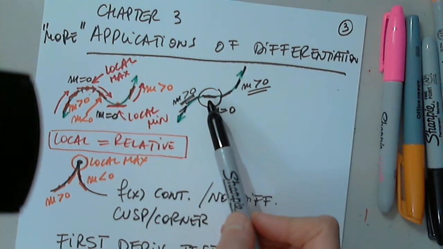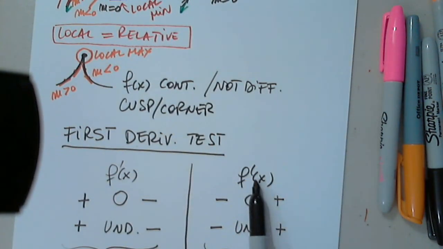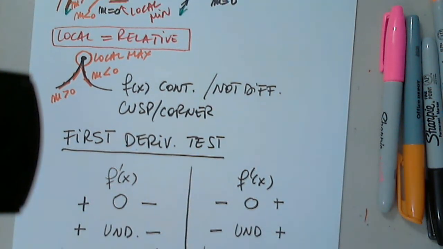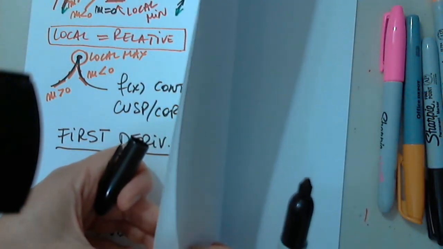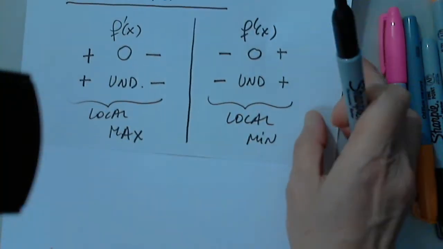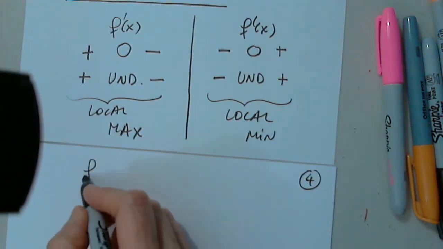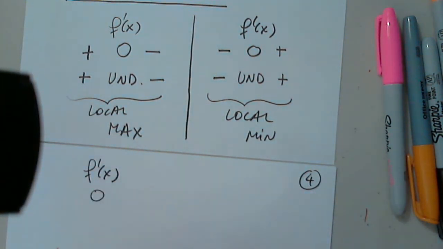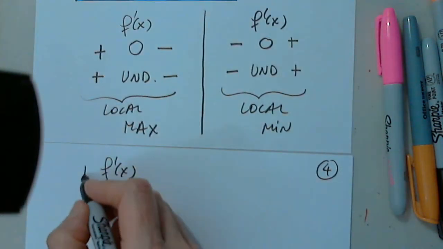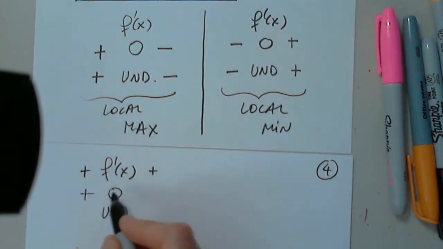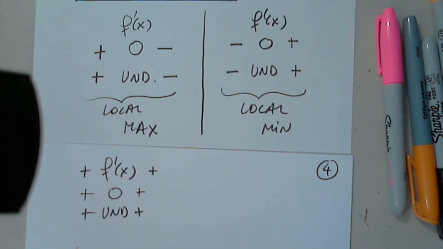None. No. And the reason is because the derivative does not change sign left and right of it. So let's also write that down, and then we'll jump to some examples in a minute. So if I have the first derivative, it could be 0 at a particular point or undefined, but it does not change sign. What type of point is this? Is it a max? Is it a min?